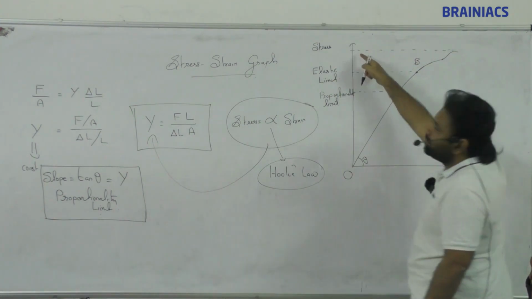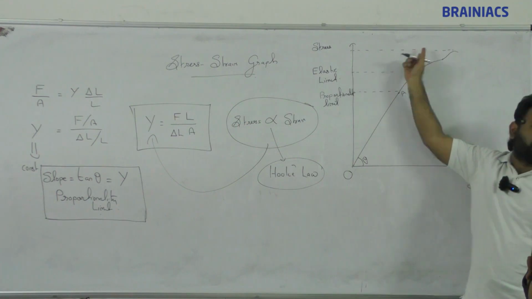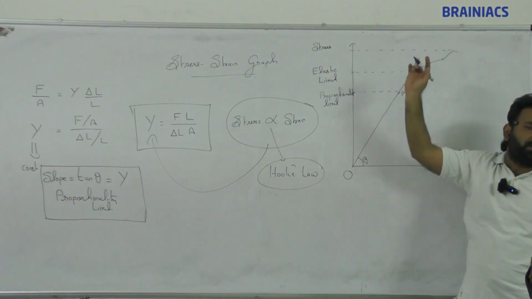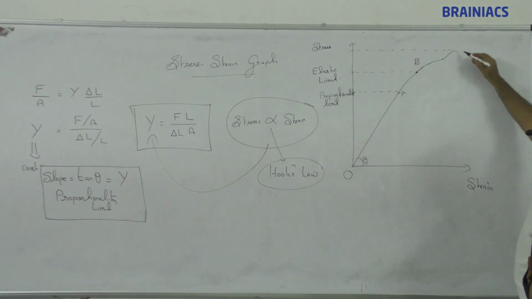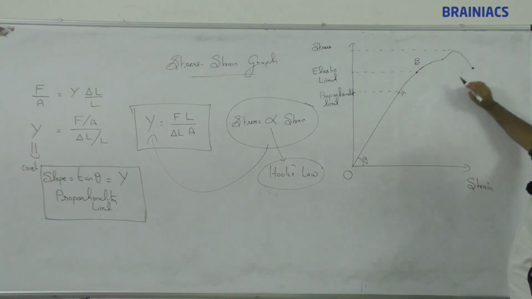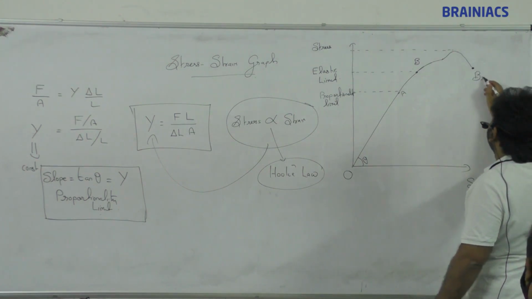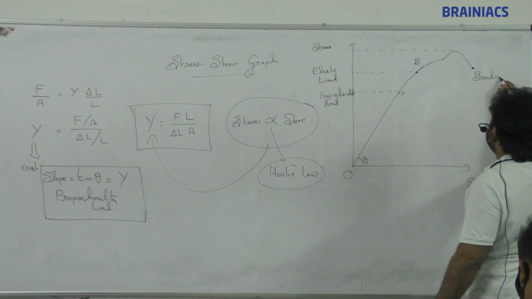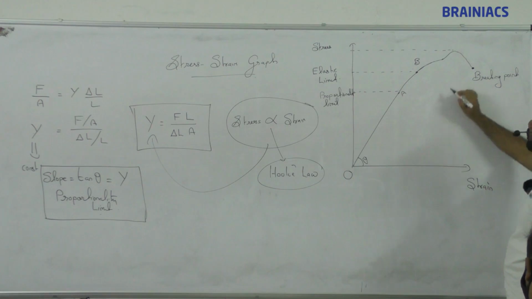So at this point will be the maximum stress possible, but after that, even if we reduce the stress, there will be one point. This is called the breaking point. Okay, this is the break.